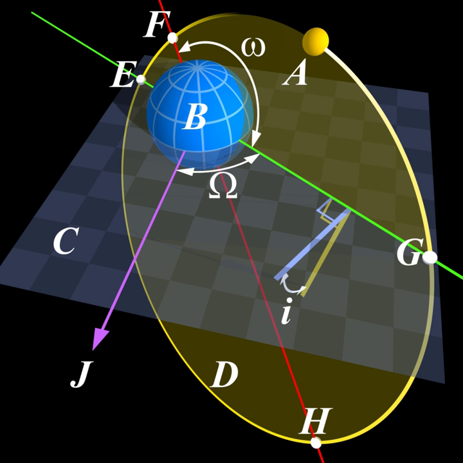So the mean anomaly M is proportional to time since perihelion t. M equals nt, where n is the mean motion.